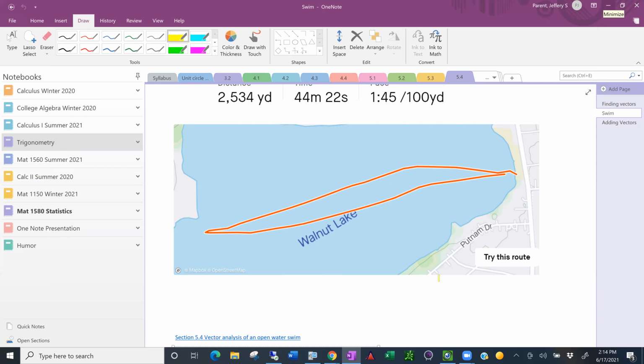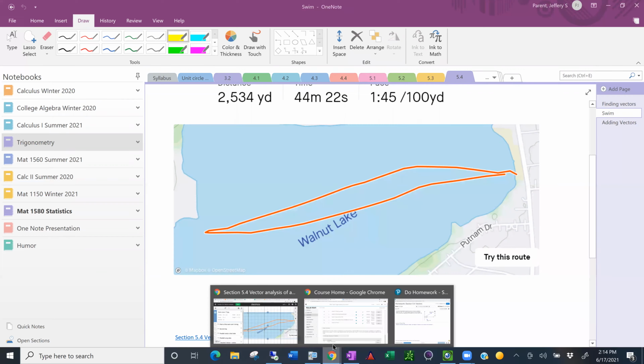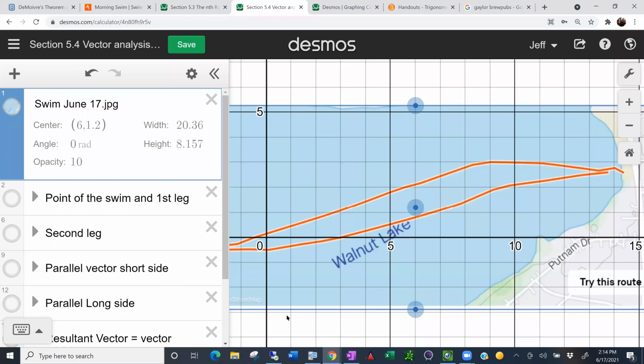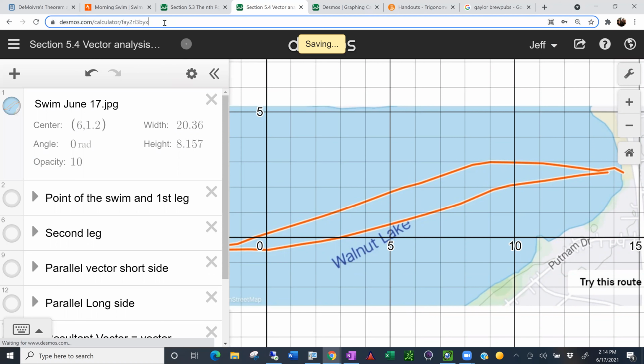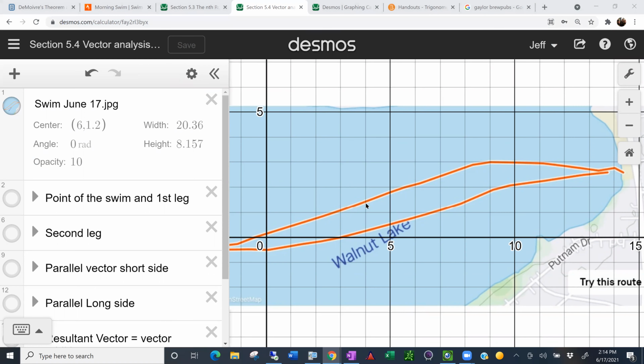So let's take a look at it graphically and try and understand some of the components of my swim this way. And I think I've got a Desmos link here that I can send to you. So if you wanted to play with this or follow along, I'll dump that in the chat. I should send it to everybody.